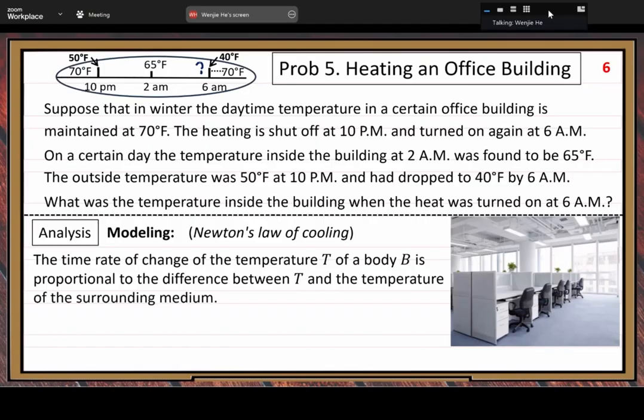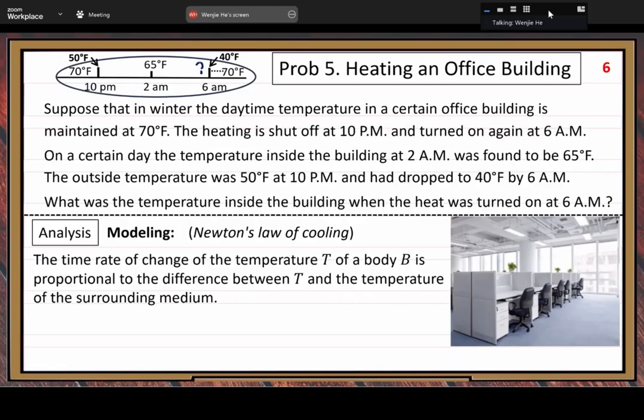and the temperature of the surrounding medium outside. Outside environment, there is a temperature. So the difference between T and the temperature of the surrounding medium, that's Newton's law of cooling.